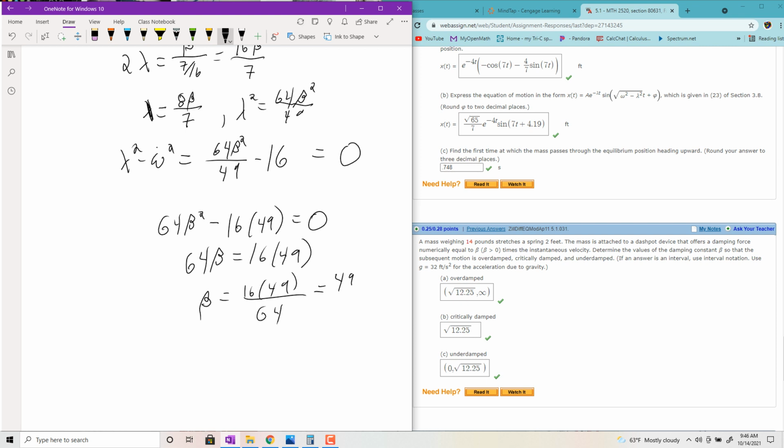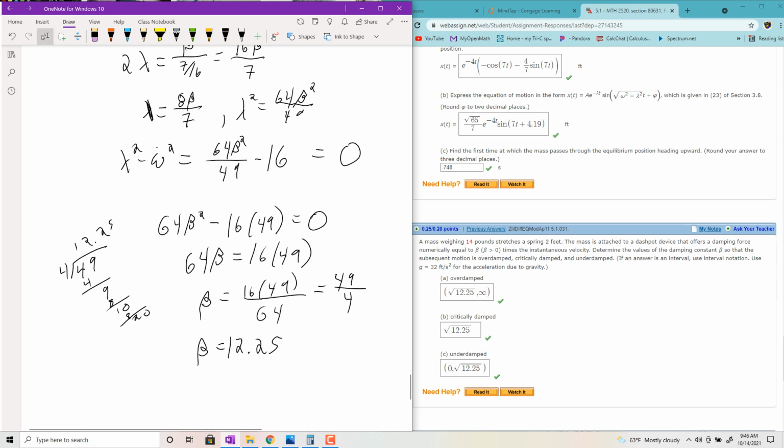So that'll be 49 all over 4. And then 4 goes into 49 12.25. Okay, so that is 12.25.